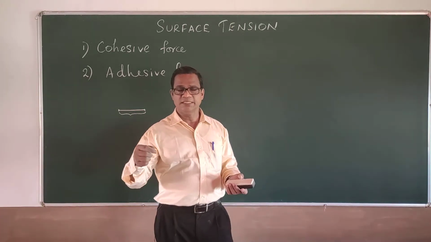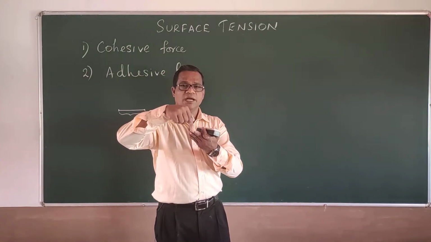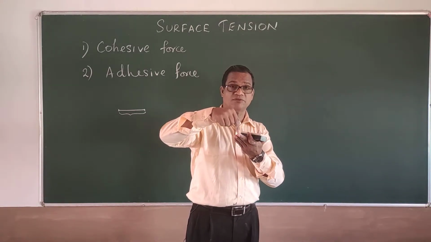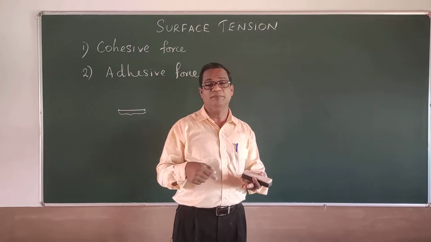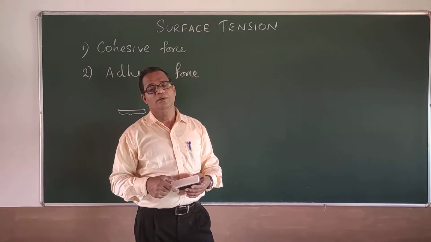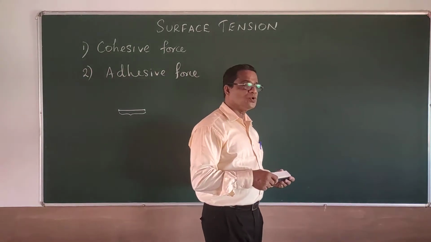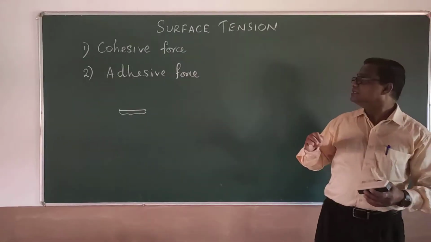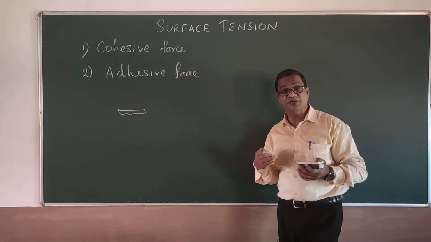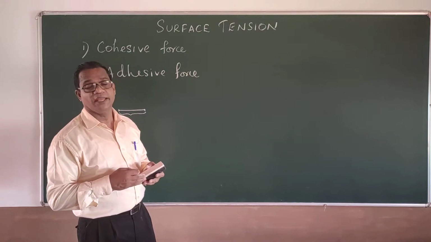And if you touch your dry finger on the surface of water and pull it up, you can see that the upper face of that water will come along, lifting up a little bit. That means there is a sticking property. All these are due to the tension effect of that free surface, to act like a stretched membrane trying to occupy minimum surface area.